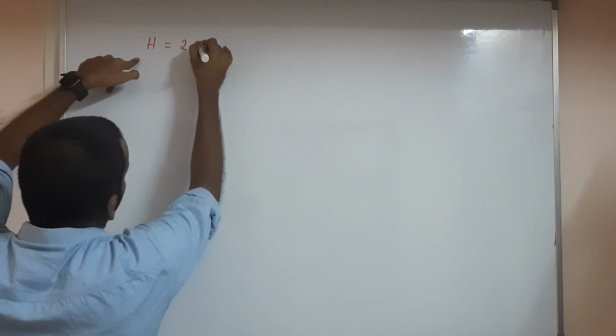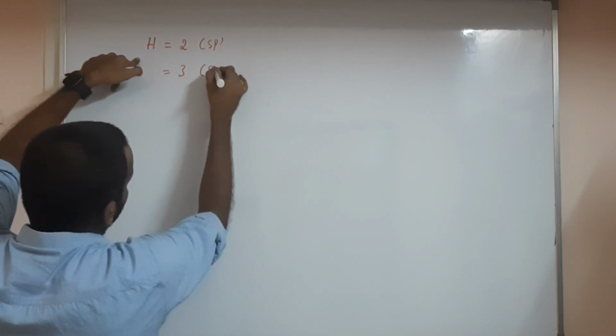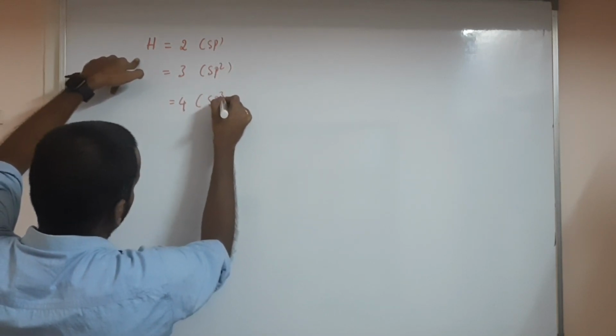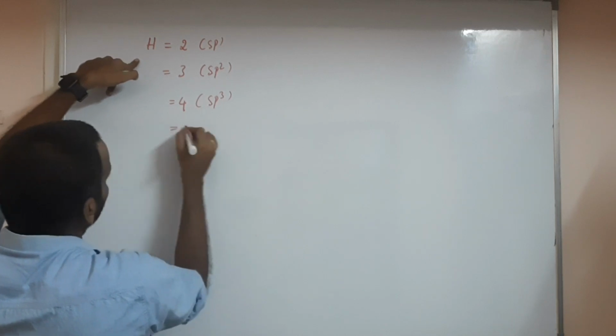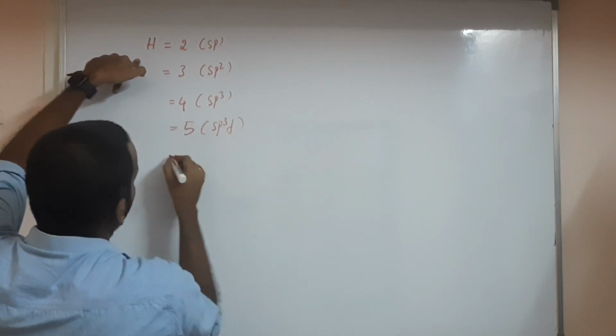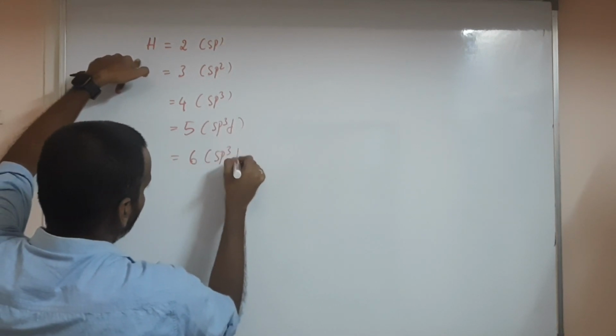If the hybridization value you get is 2, then the hybridization is sp. If you get 3, then it is sp2. If you get 4, then that is sp3. If you get 5, then that is sp3d. If you are getting 6, then that is sp3d2.